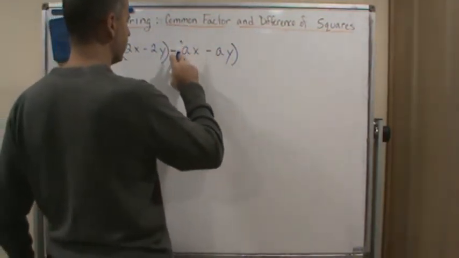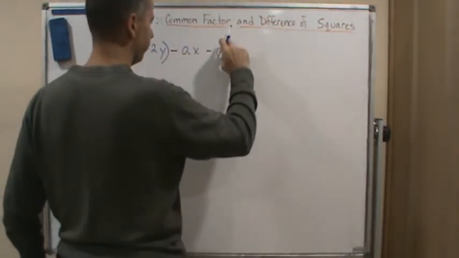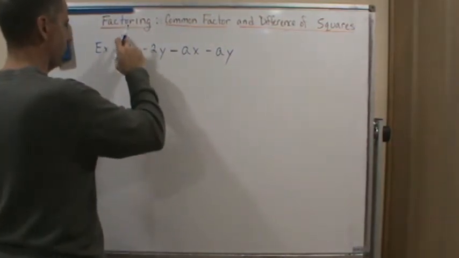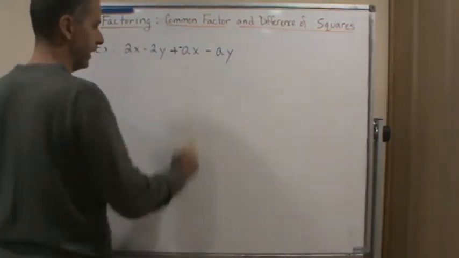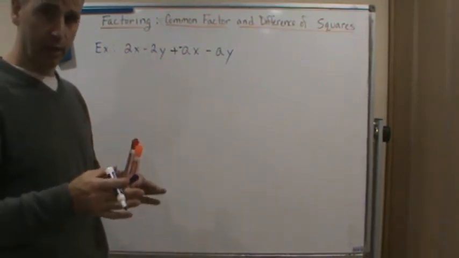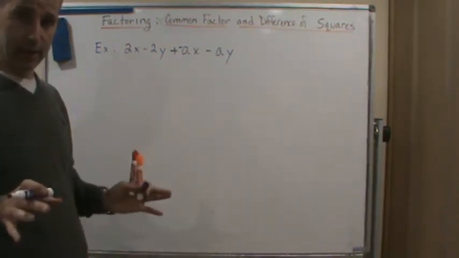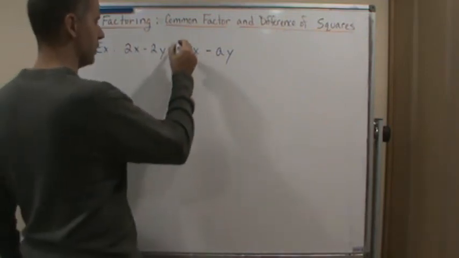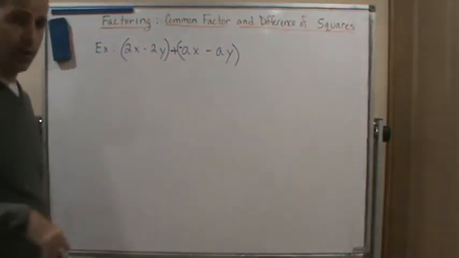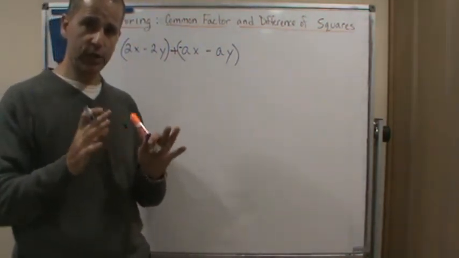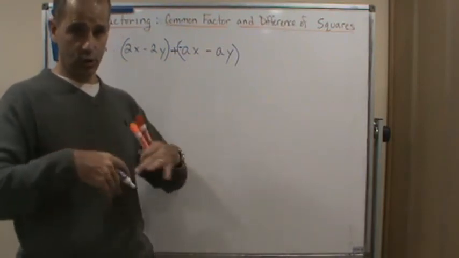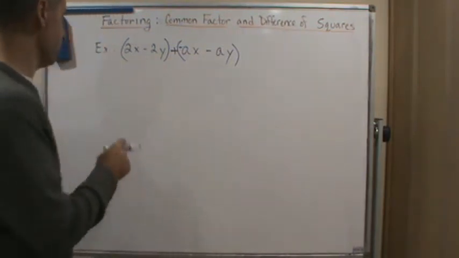So whenever there's a subtraction in the middle, I always change it to a plus negative. Because if it's an addition, then I'm fine and I don't have any problems. So if you end up having a subtraction sign in the middle, just change it to a plus negative and then go on with the steps I'm going to show you.